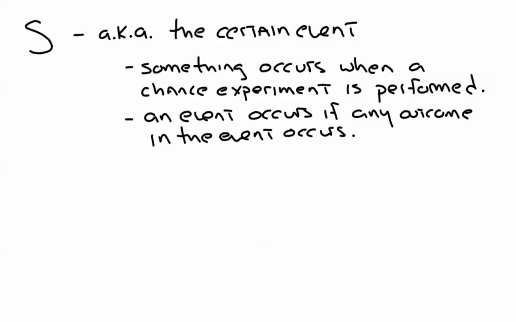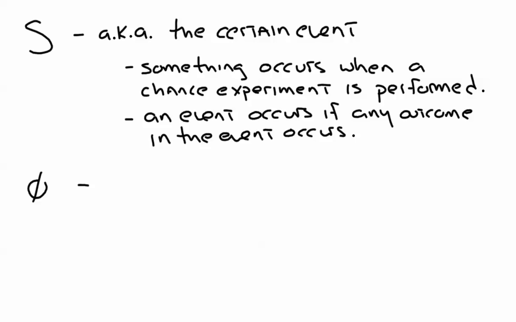So if we think of the sample space as all possible outcomes of a chance experiment, when we perform a chance experiment, something is going to occur. One of the possible outcomes is going to occur with 100% regularity, and so the sample space is known as the certain event. By contrast, the null set is known as the impossible event, meaning that it contains no possible outcomes.